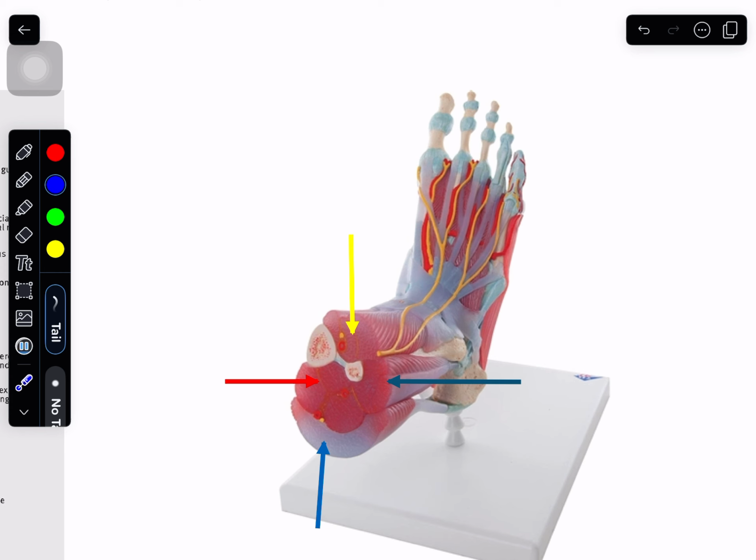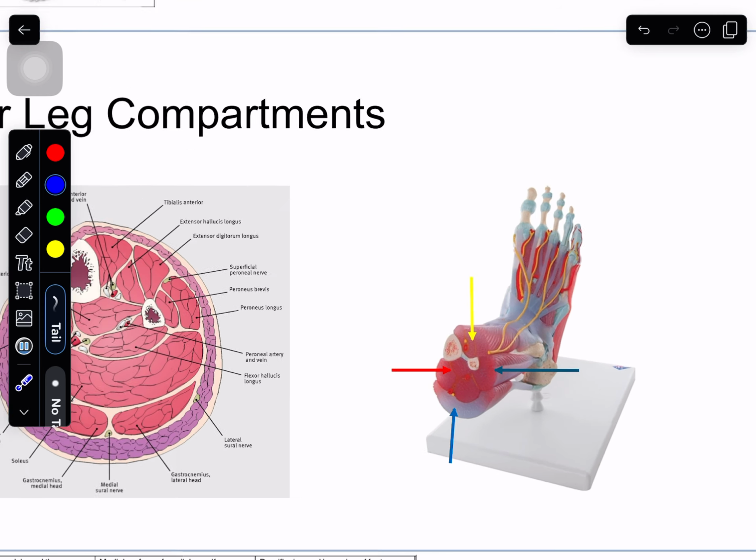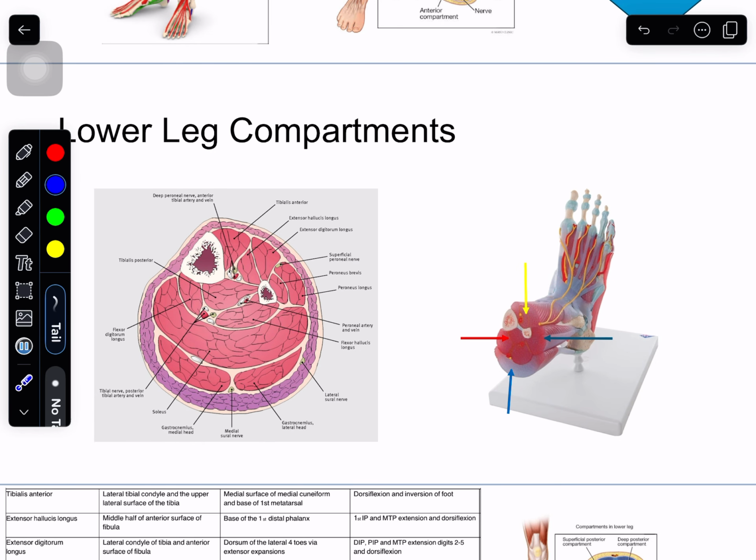So we can see again each of these individual muscles and those compartments now labeled on the right with our muscle model. So we can see here with the yellow arrow, here's our anterior compartment. Lateral is going to be your green arrow. Superficial posterior is the blue, and deep posterior is the red. So again, use those bones that you already know to kind of help you out, right? So the tibia is obviously going to be more medial, fibula more lateral.